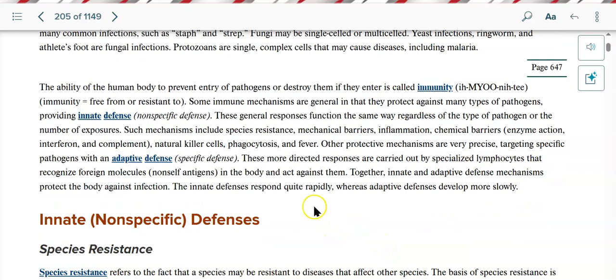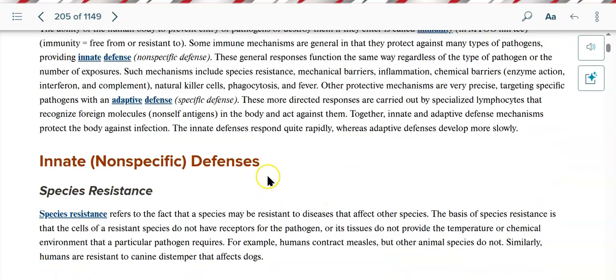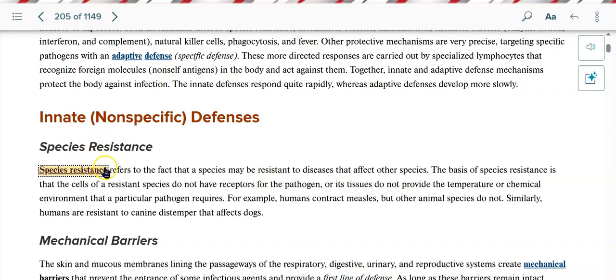So let's look at this list of innate or non-specific defenses. The first is species resistance, and that refers to the fact that a species may be resistant to diseases that would affect other species. Some examples they mentioned here are that humans can contract the measles, other animals don't.